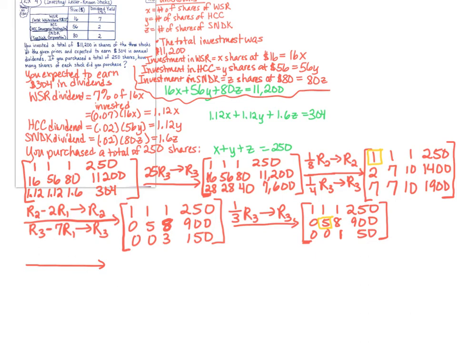Otherwise, you will create fractions in row 2 that you will have to use. Yes? 5R1 minus R2. 5R1, that's a 5, minus R2 to get a new R1. Very good. And just to be clear, multiplying row 2 by 1/5, that's a legit step. You can do it.